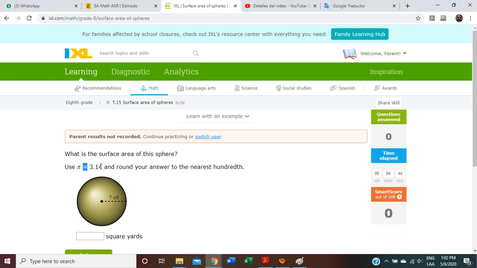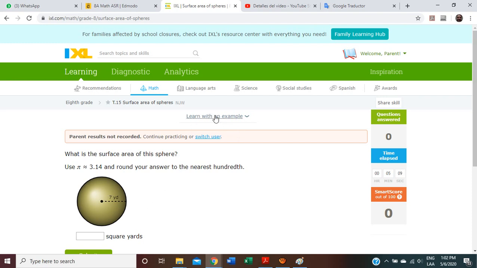It is not the exact value of pi. So we need to know the formula to find the surface of this sphere. Remember, this is not a circumference, it's not a circle, it's a sphere.